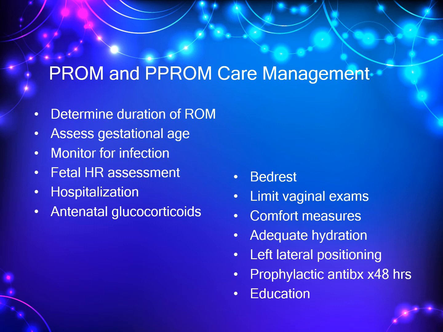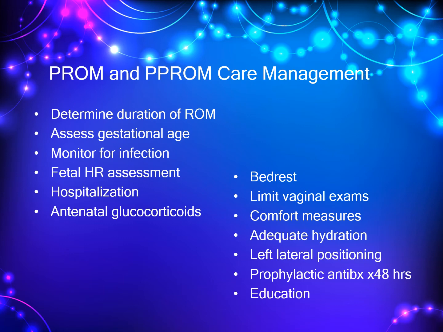First, we need to determine how long this woman has been ruptured. Okay, so if you remember, we are going to do this with the nitrazine test and looking at a sample of the fluid under the microscope for the ferning pattern. So this is first going to confirm that yes, it is amniotic fluid, and then we're going to try to determine by mom's report how long she has been ruptured.